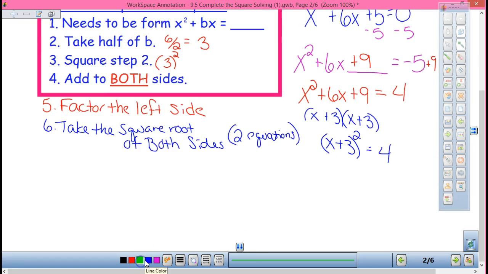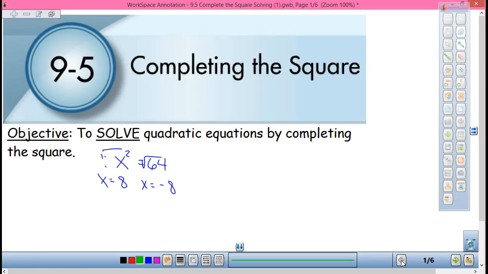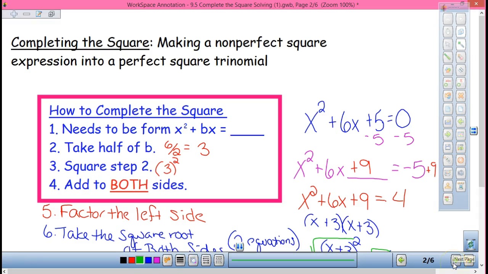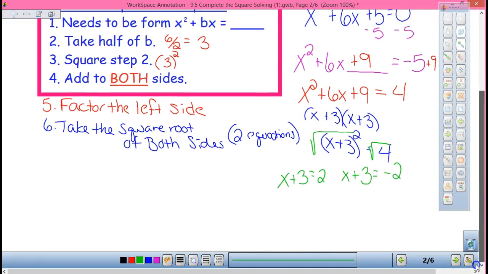So when we take the square root of this side and the square root of this side, if I have x plus 3 squared and I take the square root, what does it get rid of? It just gets rid of that squared, right? So we have x plus 3 equals 2, and x plus 3 equals negative 2, because remember, over here when we took the square root of 64, we got 8 and negative 8. So over here, we got x plus 3 equals 2, x plus 3 equals negative 2.